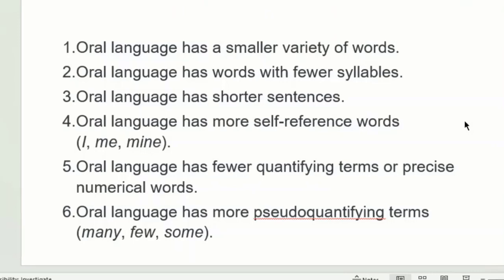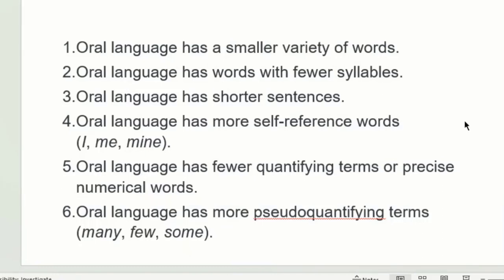Oral language has more self-reference words like I, me, my. I'm talking to her right now. It is me who is talking to her. It's very short, but if I write that sentence, it sounds a bit longer. It is mine, meaning that is possessing.